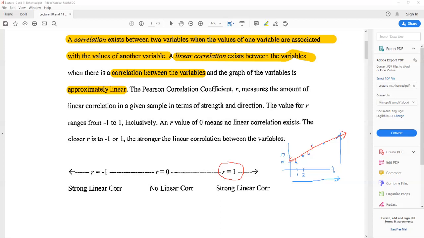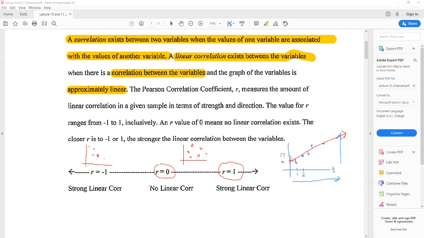If you have an R value of 0, that basically means that your points are all over the place. There appears to be no linear correlation at all. And if you happen to have an R value that's close to -1, they would still be fairly linear the closer you get to -1.